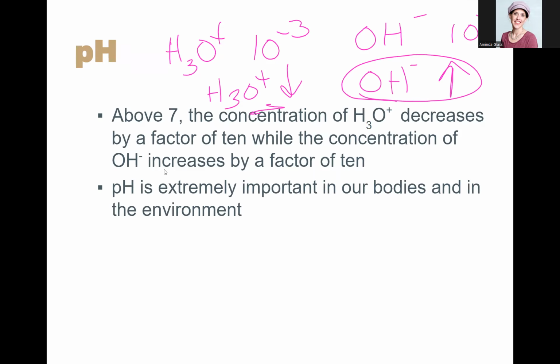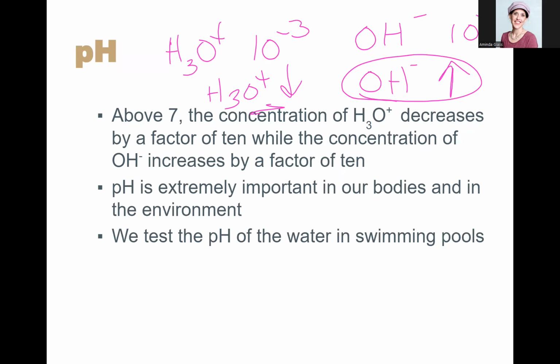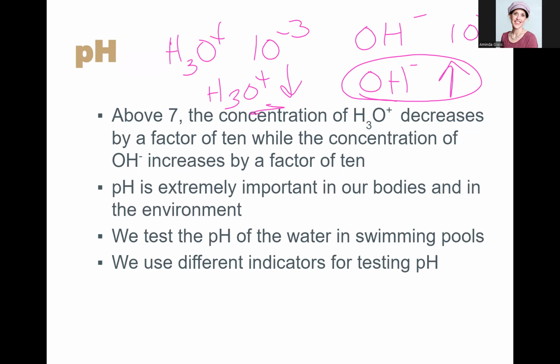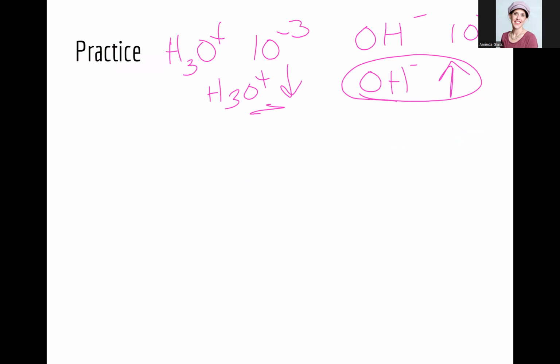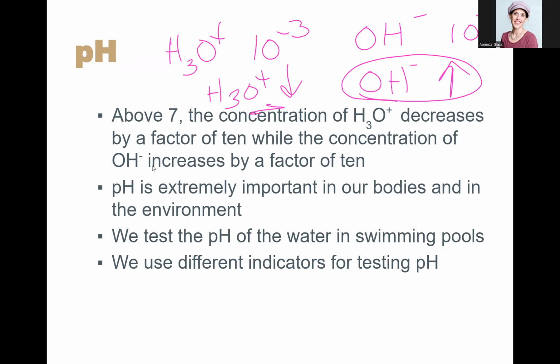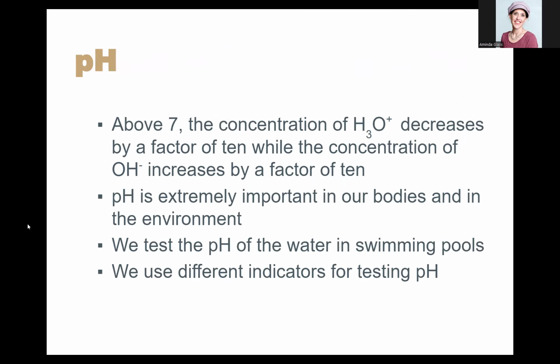pH is extremely important in our bodies and in the environment. We talked about some adverse effects of acid rain because it's changing the pH. We test the pH of the water in swimming pools. We use different indicators for testing pH. In swimming pools, if the pH isn't correct, you can damage your skin.